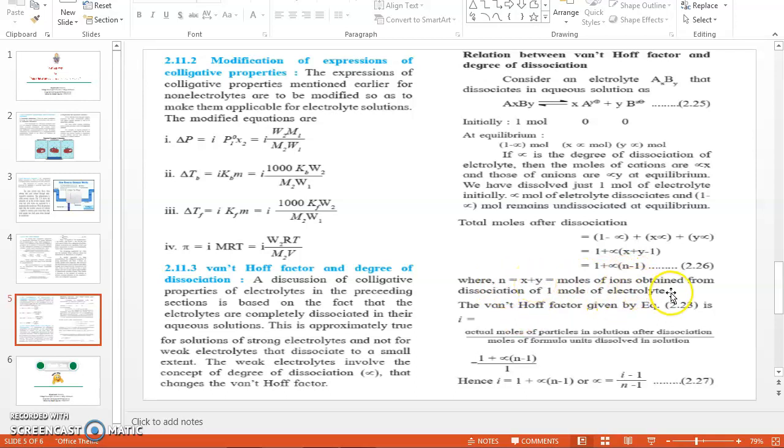The van't Hoff factor is the actual moles of particles in the solution after dissociation divided by the moles of formula units dissolved. So i is 1 plus alpha into n minus 1, and we can write the degree of dissociation alpha as i minus 1 divided by n minus 1.